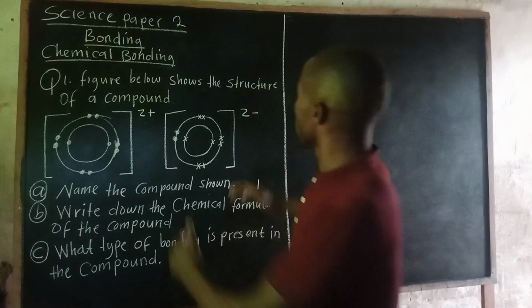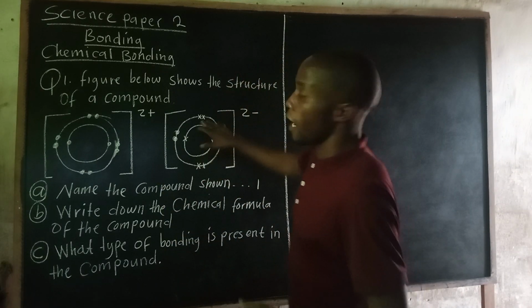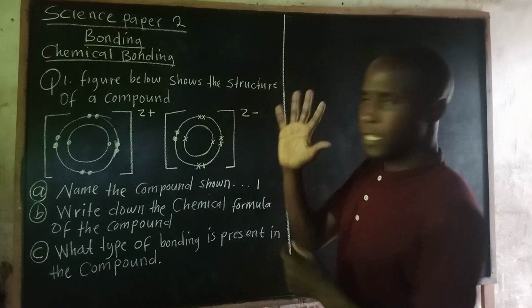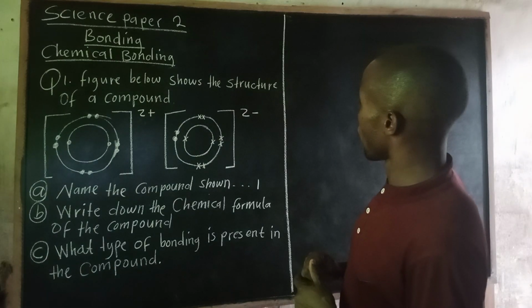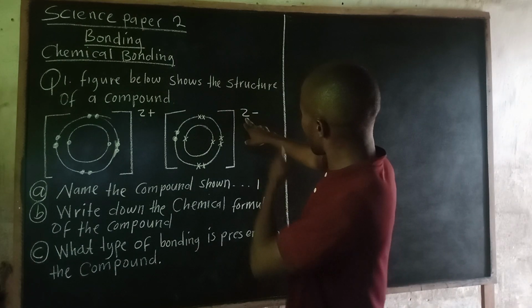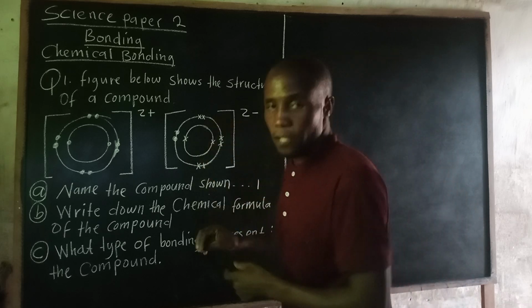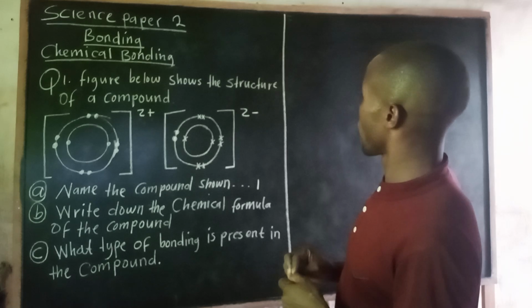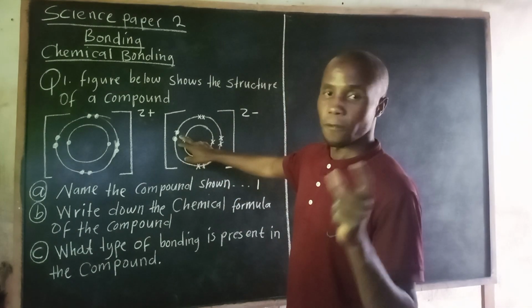Then when you come to this other one, we are going to see that this element had 6 electrons in its outermost shell. Now, this 2 negative simply means this particular element gained 2 electrons, which is indicated in this form.